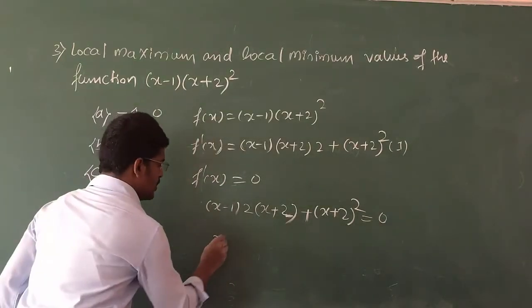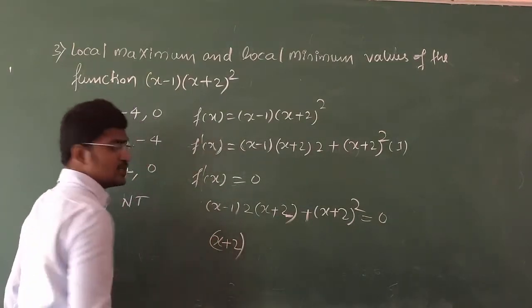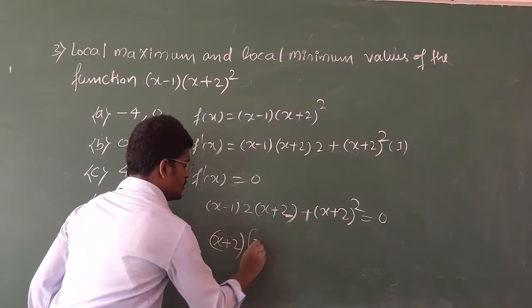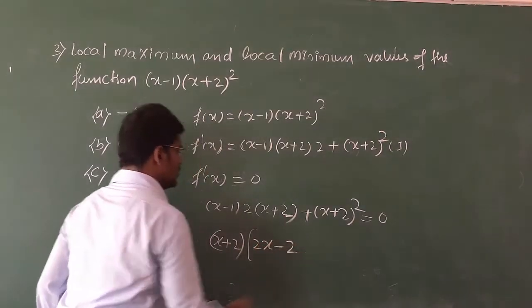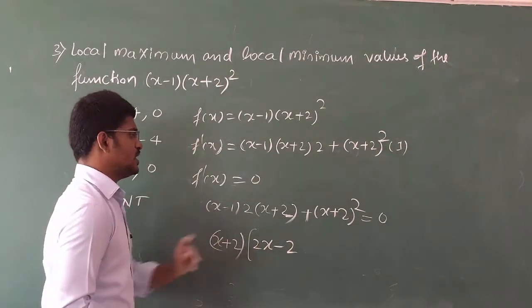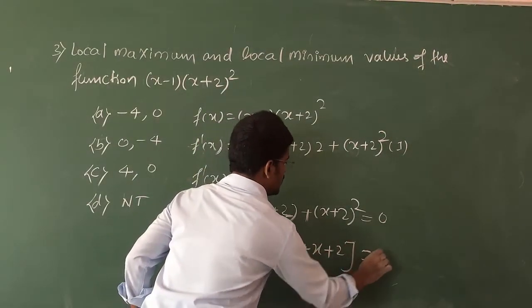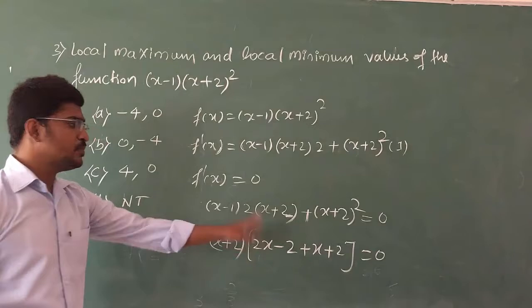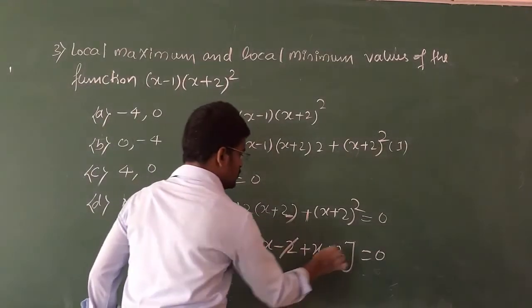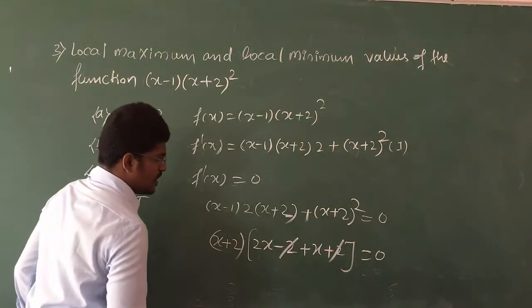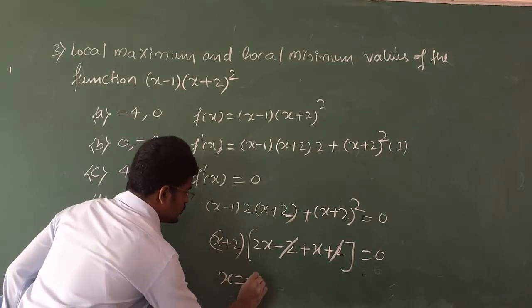What is common? X plus 2 is common. 2x minus 2, this term I will write here, plus x plus 2 equal to 0. One of the x plus 2 is present. Minus 2 plus 2 cancel. So remaining is x equal to minus 2.